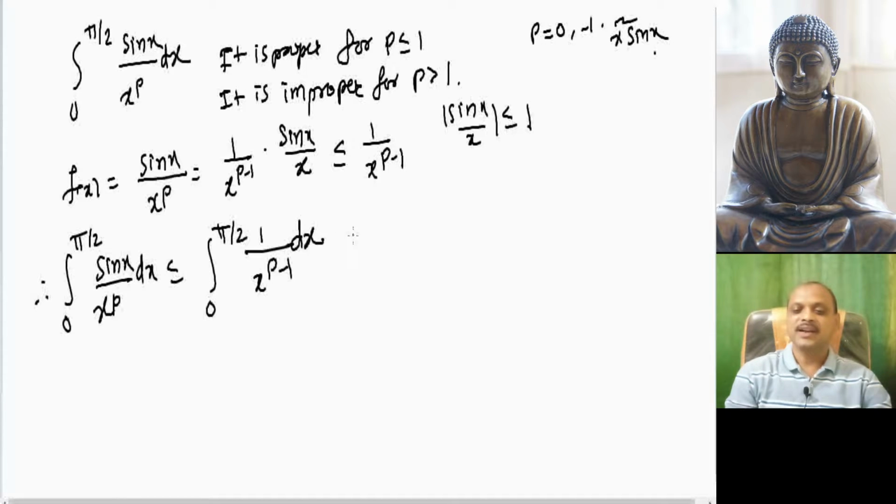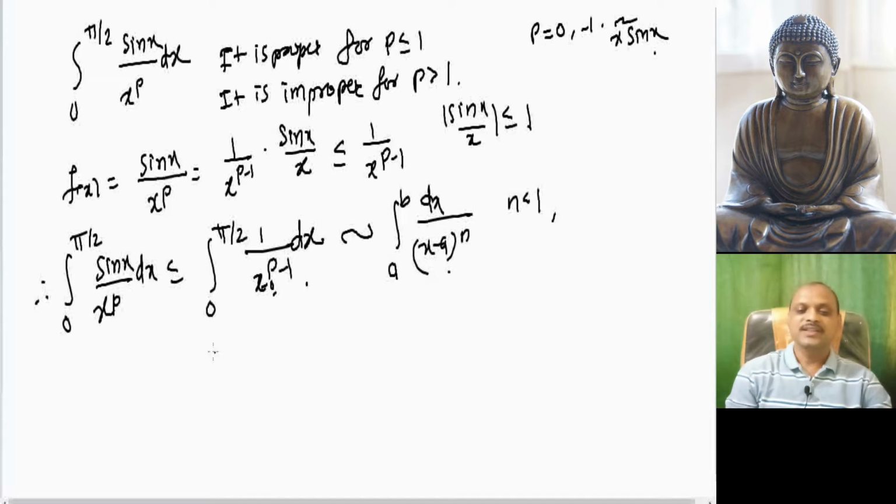And again we can apply the theorem: the integration a to b of dx divided by (x minus a) whole raised to n is convergent for n less than 1. So by using this theorem, we can write it as x minus 0, where 0 is the infinite discontinuity of this function.